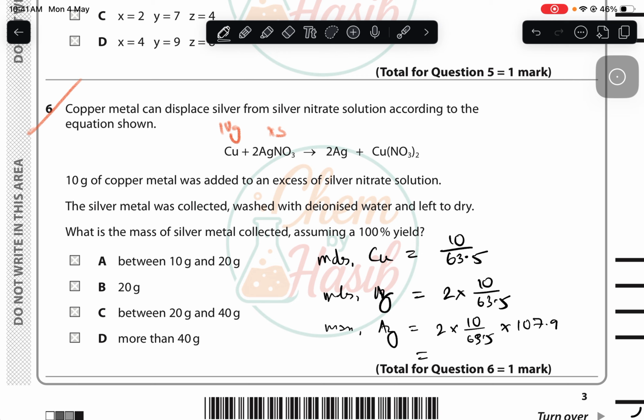So this comes out to be 10 divided by 63.5 multiplied by 2 multiplied by 107.9. The answer comes out to be 34 grams. So your answer will be between 20 grams and 40 grams. Alright? This will be the answer.